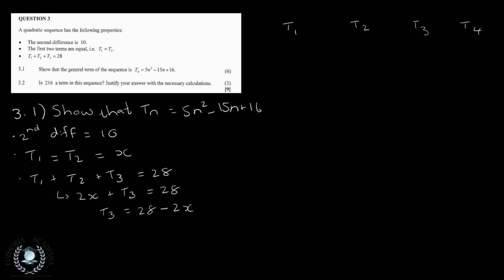Our T1 and T2, that's our first and second term, and we're told that our first term is equal to our second term, so it's going to be x and x, and the difference between these two, x minus x, that's going to give us 0, and we know that we have a common second difference of 10.